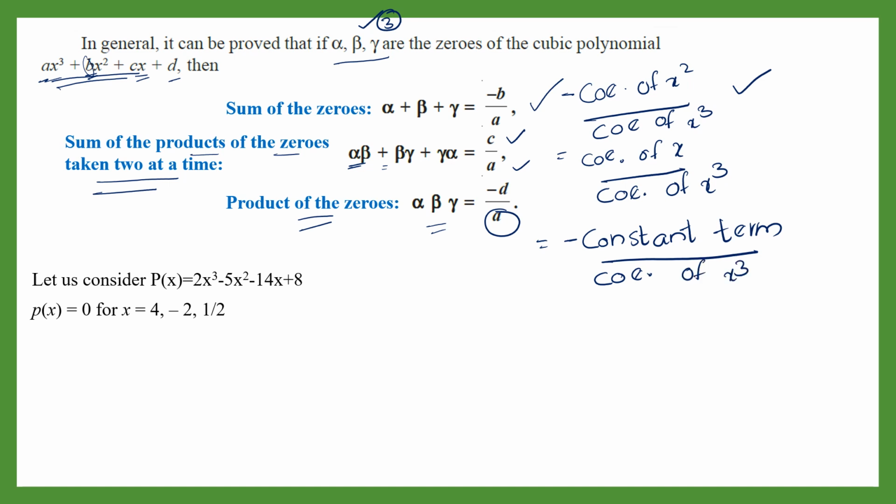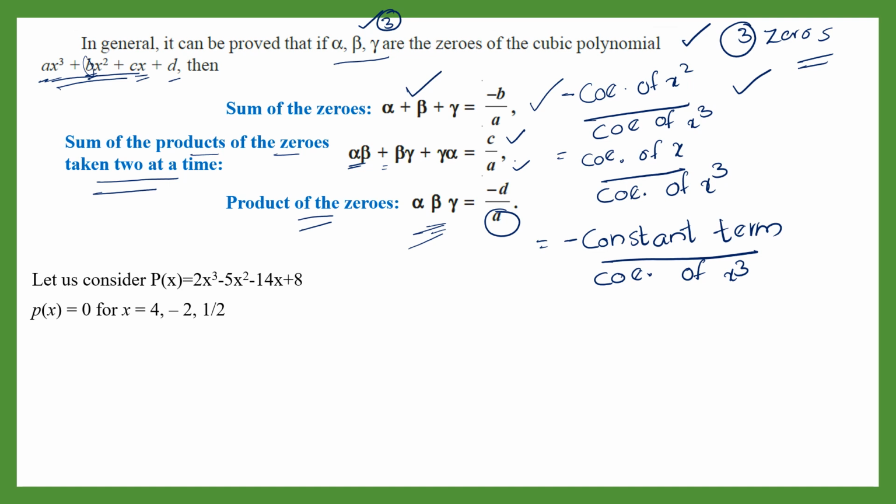So the cubic polynomial has degree 3, so we will have 3 zeros. The relationship between zeros and coefficients gives: alpha plus beta plus gamma is minus b by a, alpha beta plus beta gamma plus gamma alpha is equal to c by a, and the product of zeros, alpha into beta into gamma, is equal to minus d by a.